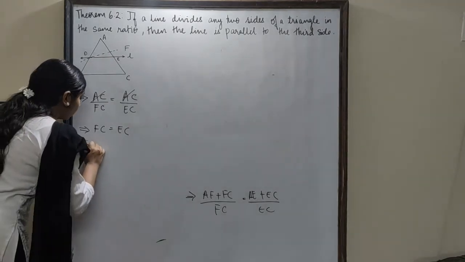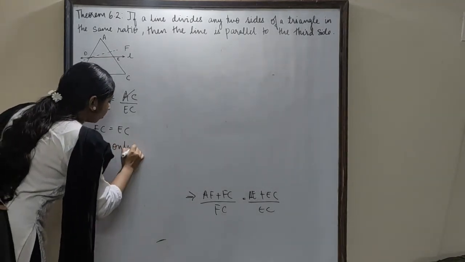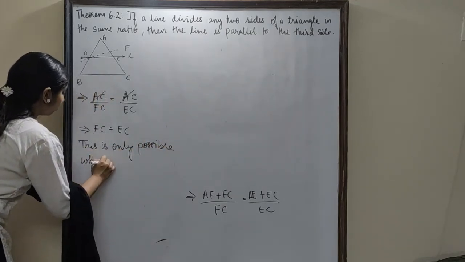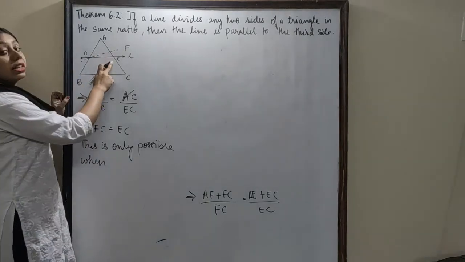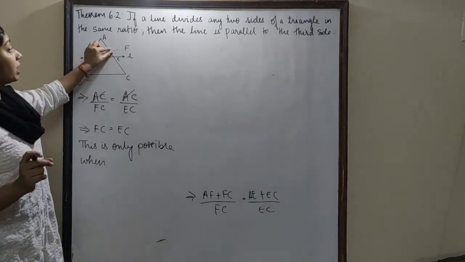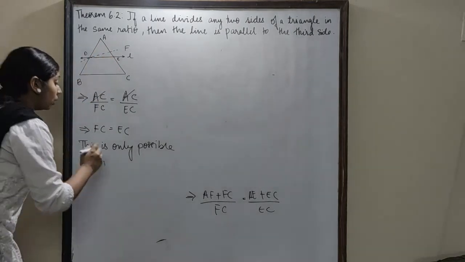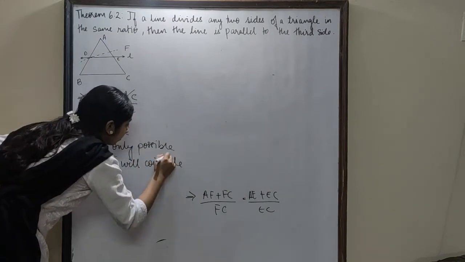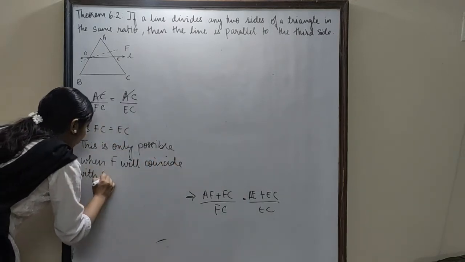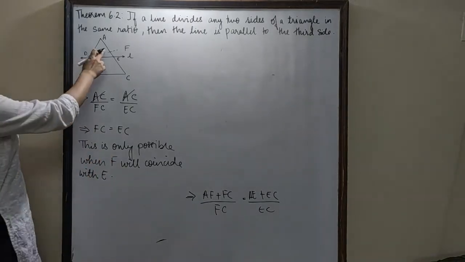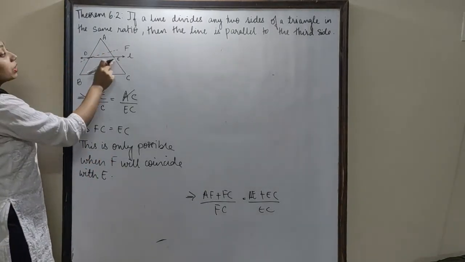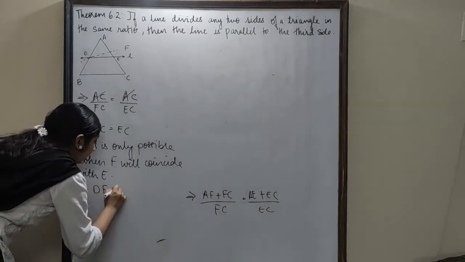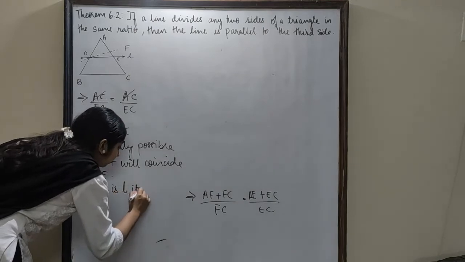This is only possible when F will coincide with E. That means the point F will be the same as E. And when F coincides with E, then DF becomes L only, which implies that DF is L itself.